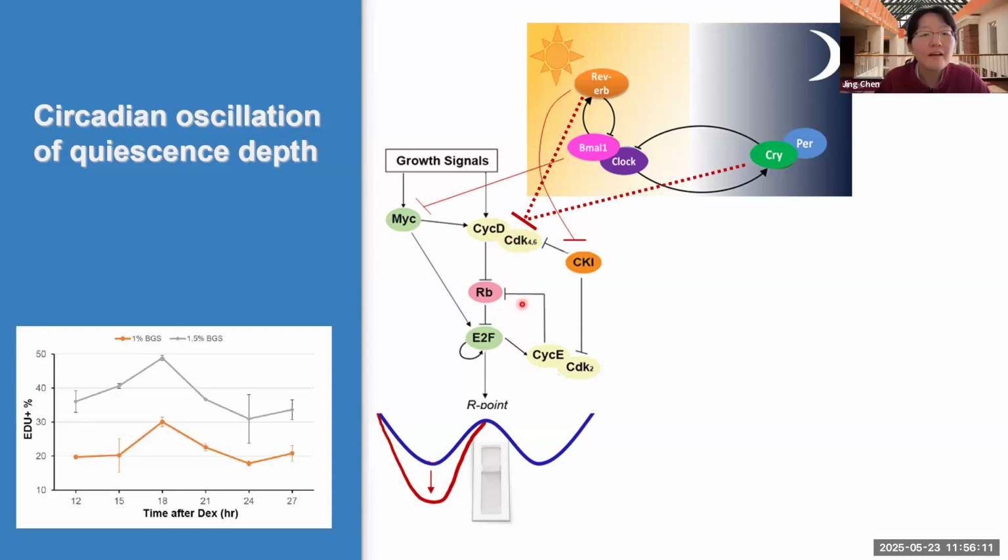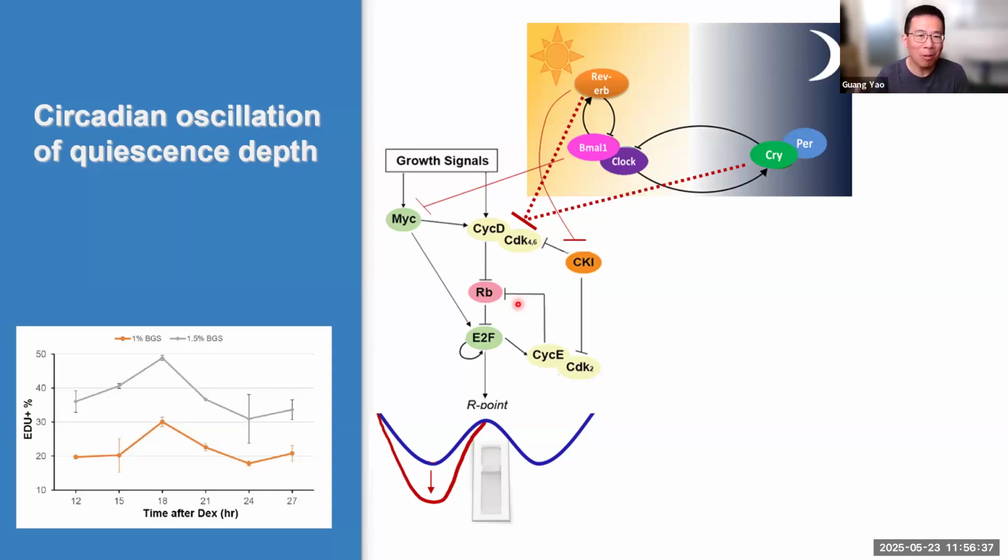So do you think there could be some temporal effect, because the pathway between Rev-erb and cyclin D, you don't know if it's direct or indirect? In terms of the time scale, have you tested if there could be some kind of temporal effect? Good question. Yes, because indeed this is basically an incoherent feed-forward loop, right?